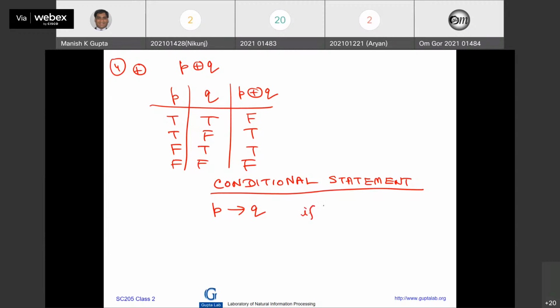So that means if P, then Q. P is kind of the hypothesis, Q is kind of the conclusion, right? Now let's look at the truth table. True, true, true, right? Fine. This is true, this is false, false, false, true, true, and false, false.